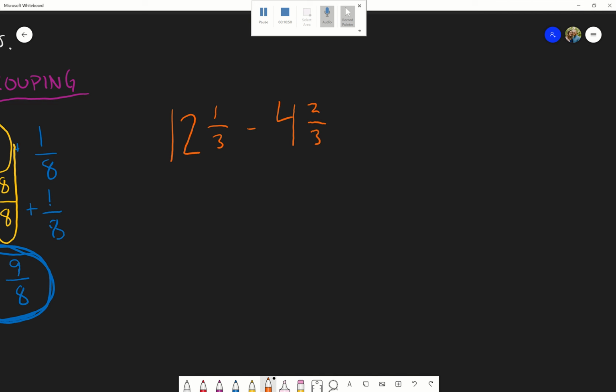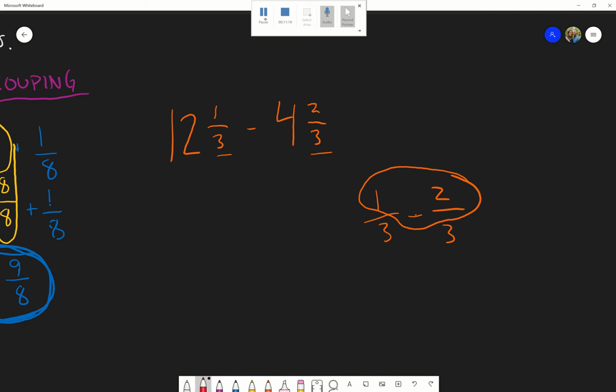All right, deal with my fractions first. 1/3 minus 2/3. Wait a second. 1/3 minus 2/3. I can't do that. That doesn't work, because I can't do 1 minus 2. That's not a math problem. And we're not going to deal with a negative fraction and a positive whole number. So that's not going to work. So I'm going to have to borrow.